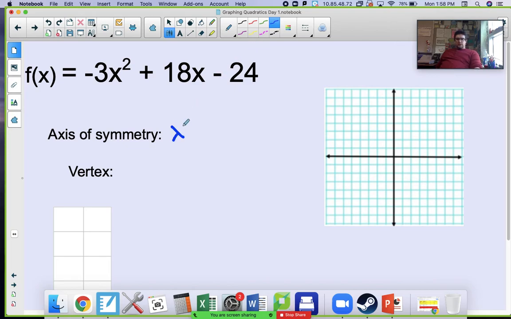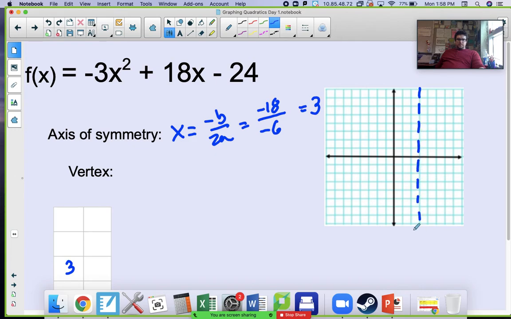All right, axis of symmetry. X equals -b all over 2a. So we get -18 all over -6. Axis of symmetry is once again at 3. Find our vertex. F of 3 equals -3 times 3 squared plus 18 times 3 minus 24.